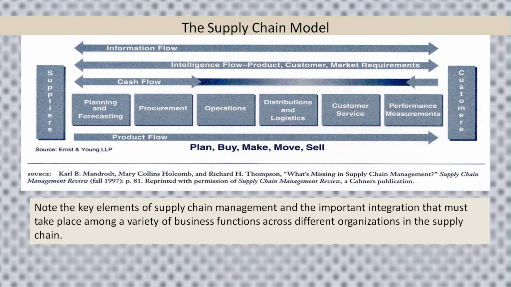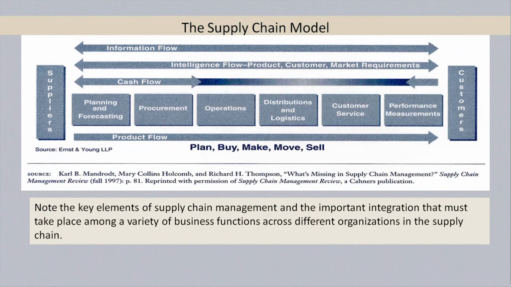Now, the cash flow, that means the money that is paid by the customer in exchange for the products and services, primarily flows from the right to the left, as opposed to the product flow from the left to the right. But that arrow is also bidirectional, because there will sometimes be some refund or some surplus stock disposal, etc. So, therefore, some money may also flow from the left to the right, that is why that arrow is bidirectional.